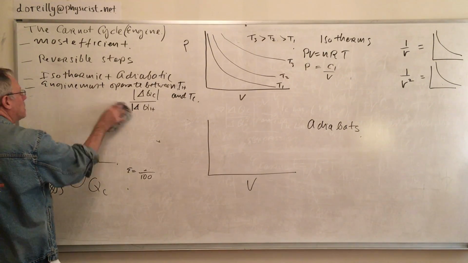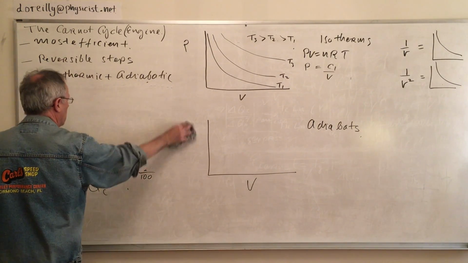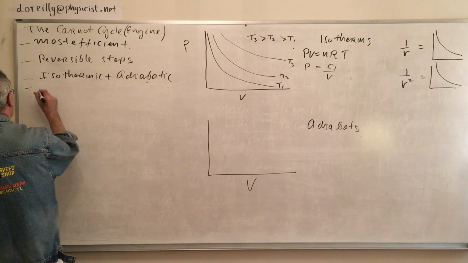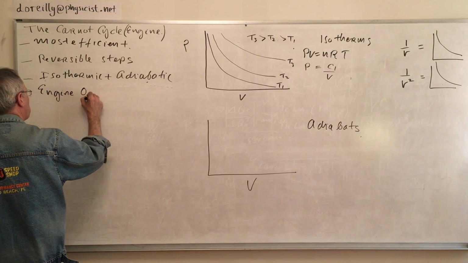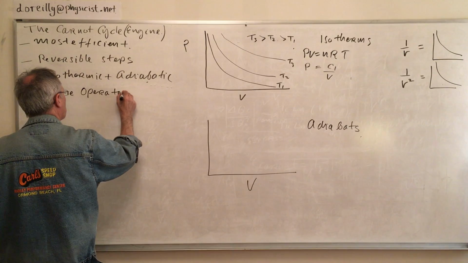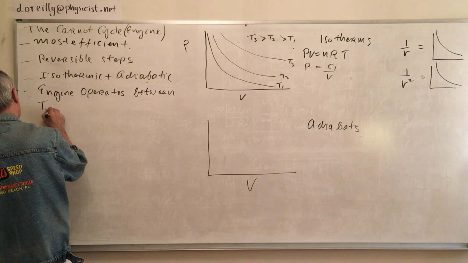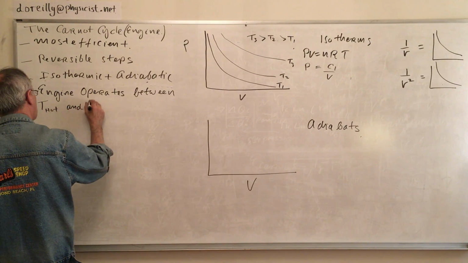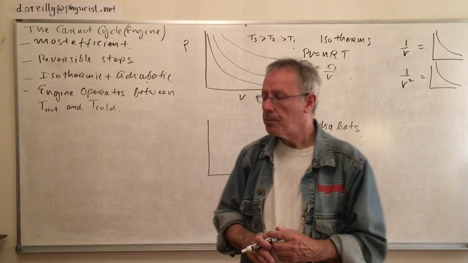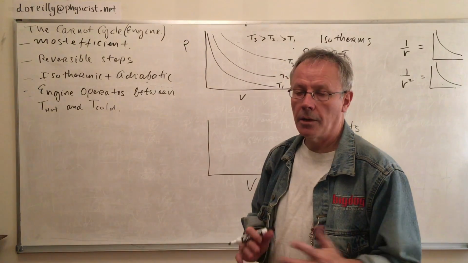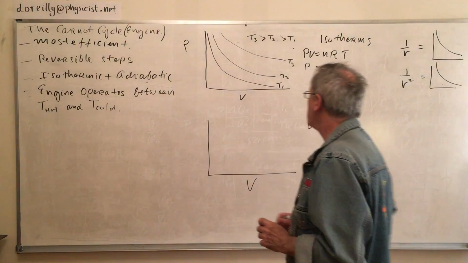So we know what the efficiency is. Now T hot is the temperature of the hot reservoir, T cold is the temperature of the cold reservoir, and remember, the reservoir is a big source compared to the little deltas that the system looks at.